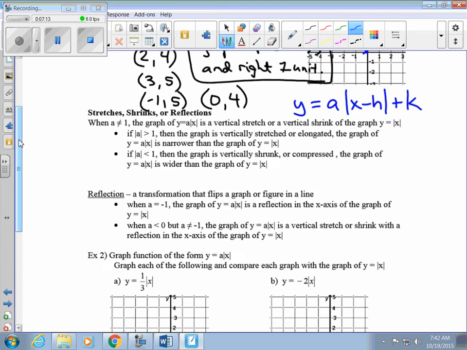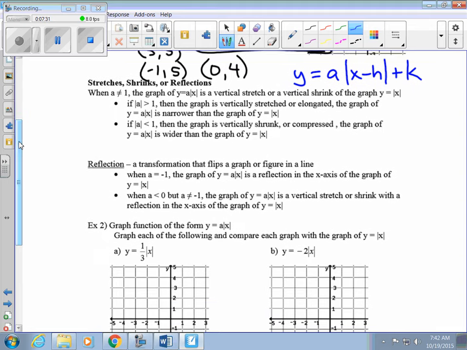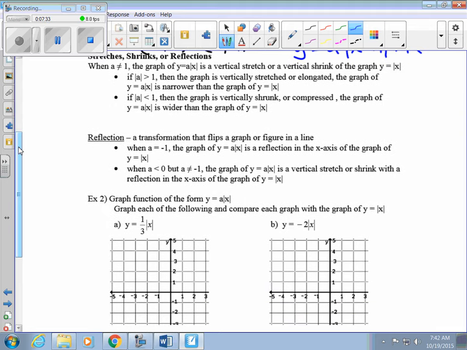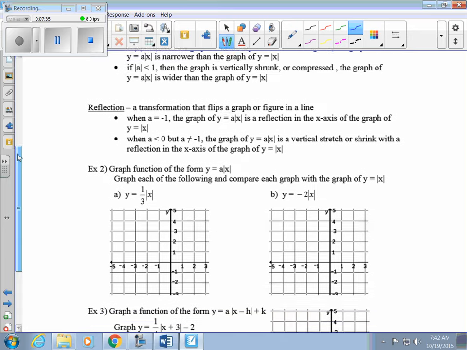If that fraction is less than 1, it's going to be a vertical shrink. Now, they have absolute value on those because they need them to be positive. The negative just means it's going to be a reflection, okay, which is down below. So a transformation that flips it is going to be a reflection. And so if A is negative, then it's going to flip it.